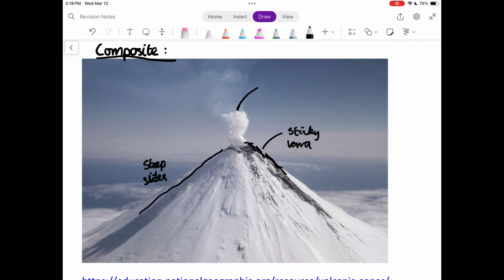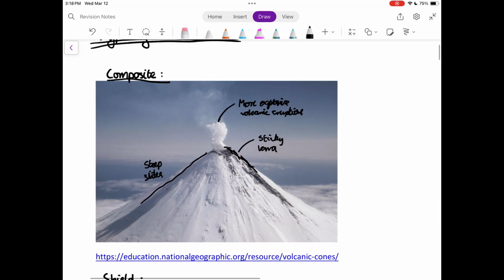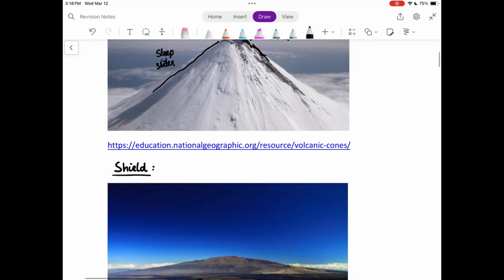And you also need to know that the explosions are more explosive, so more explosive volcanic eruptions. Alright, so that's what you need to know for composite volcanoes.